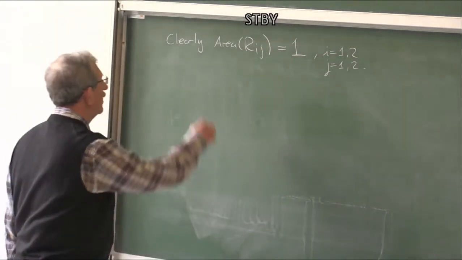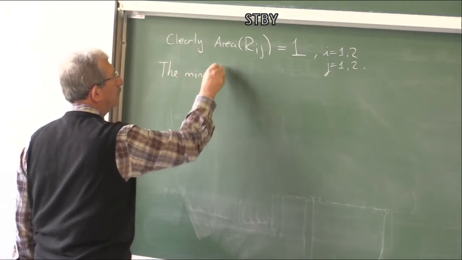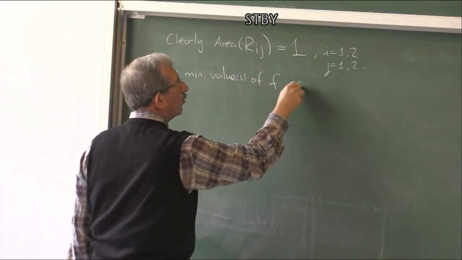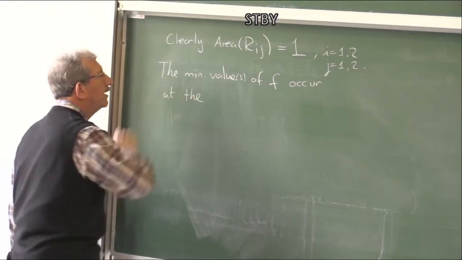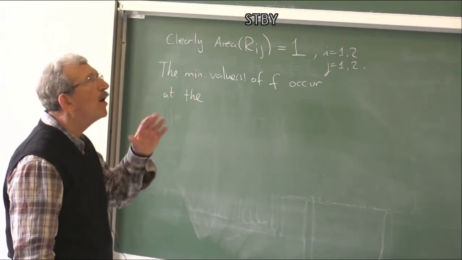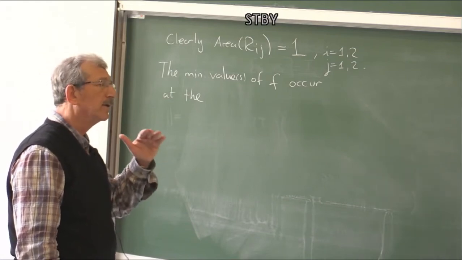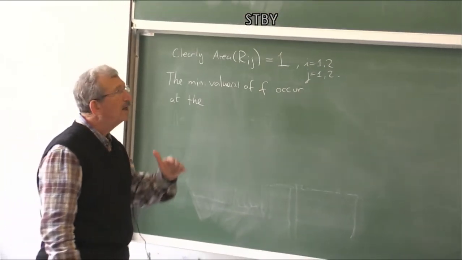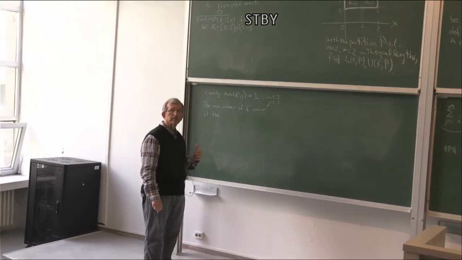The minimum value of f occurs at a point in the subrectangle, for example in R11, at the smallest x value and the smallest y value, which means the left lower corner.